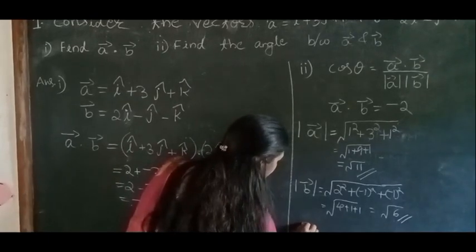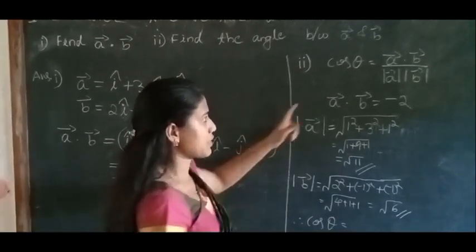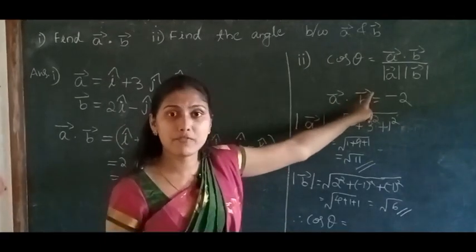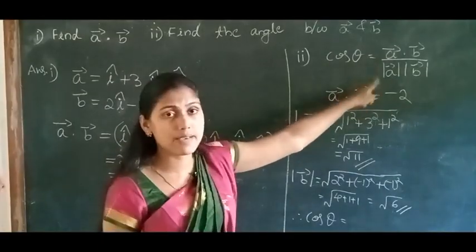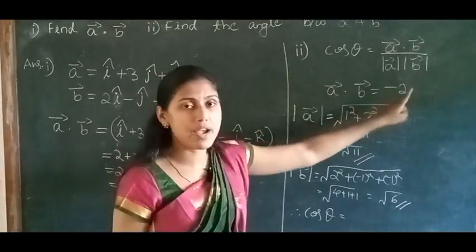Then therefore cos theta is equal to vector A dot vector B divided by mod vector A times mod vector B. That is vector A dot vector B is equal to minus 2.